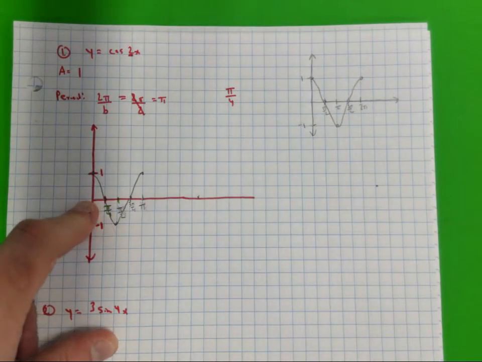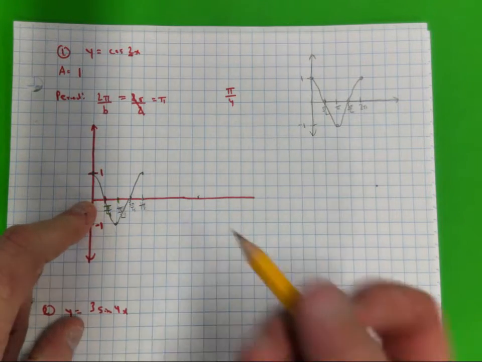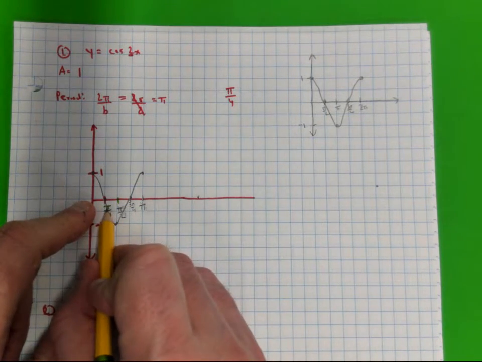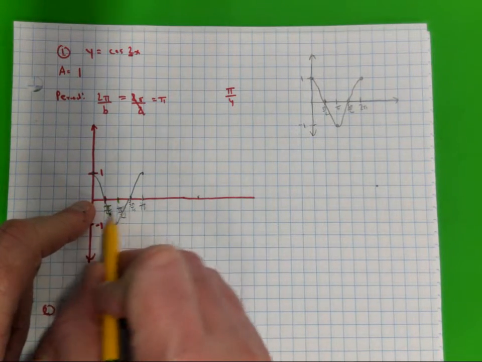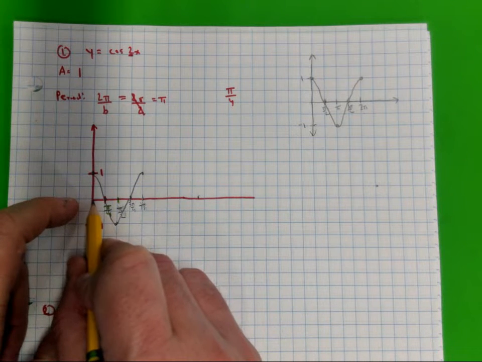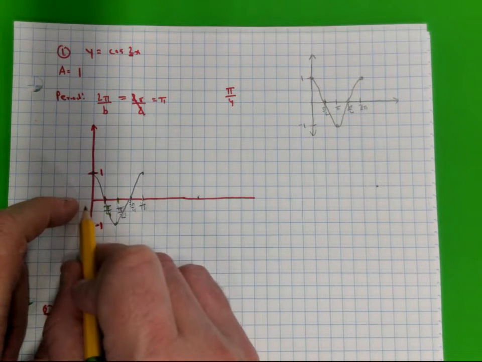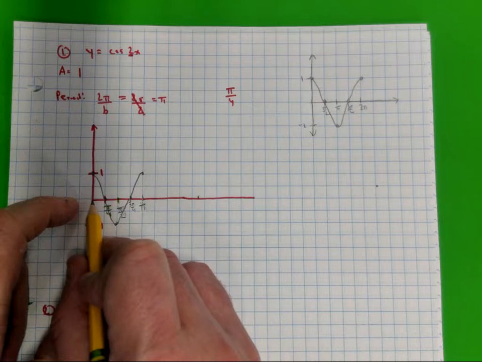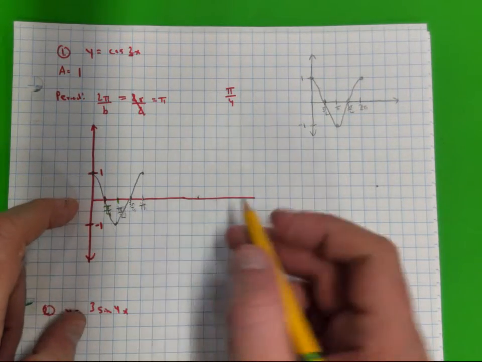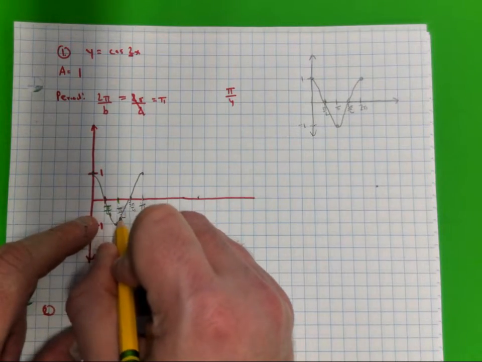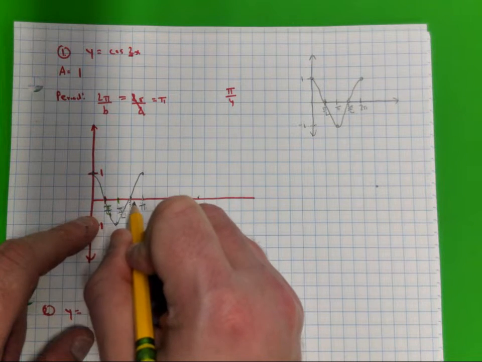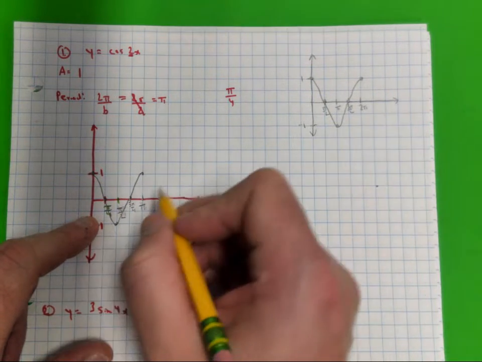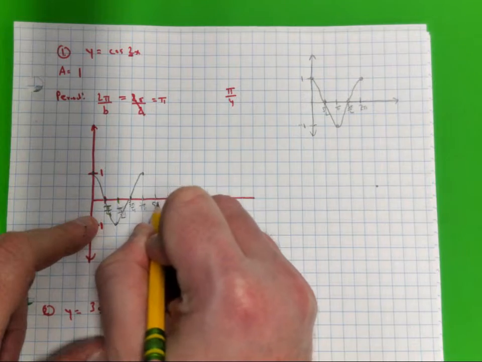Alright, but we want to complete two cycles. So if we complete two cycles, you're going to have 1, 2, 3, 4. You have 4 right here, 5 including 0 at the starting point. So including this starting point, you're going to have 9 values here. So pi over 4, 2 pi over 4, 3 pi over 4, 4 pi over 4, this will be 5 pi over 4.